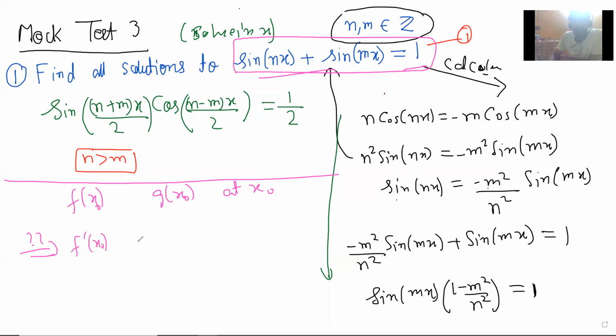No. If two functions have the same value at a point, like there is some x for which sine nx plus sine mx is 1, that does not imply that the derivatives will also be equal, right? So you cannot differentiate.